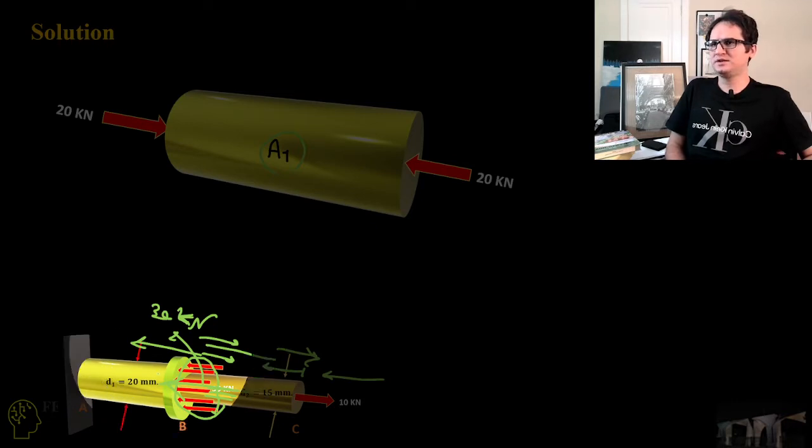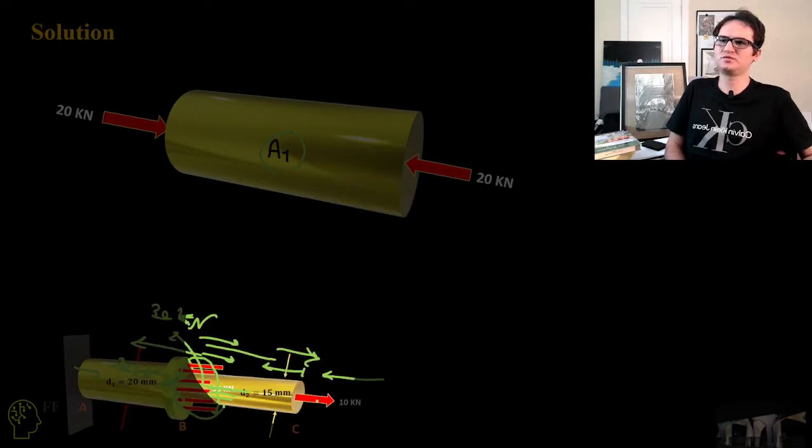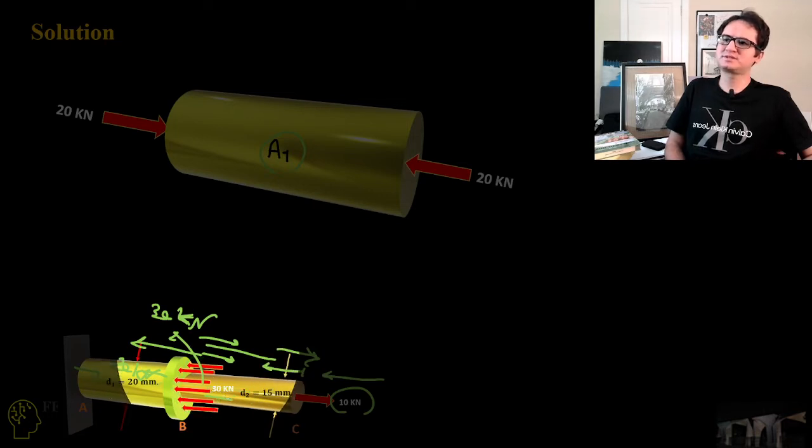As we enter the first part, there is a push. Subtracting these two forces, the 10 and the 30 push, gives us a 20 kilonewton push in the section we call area 1.